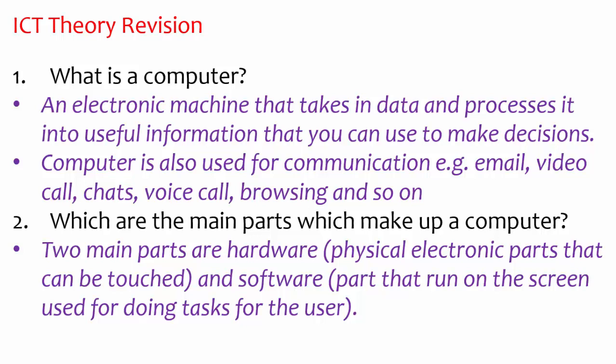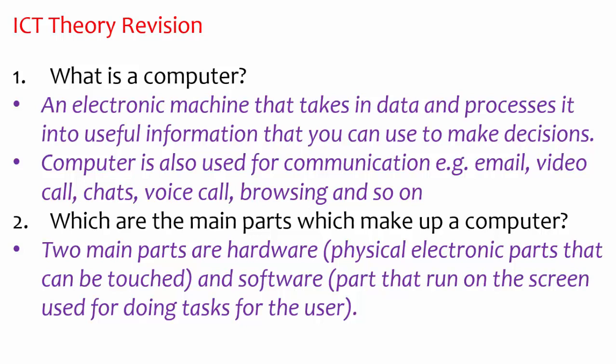And finally, you will get useful information from that data. That useful information could be information on whether you have made a profit or loss. And that report, you will use it to make your company decisions. So basically, a computer is an electronic machine that takes in data and processes it into useful information that you can use to make decisions.